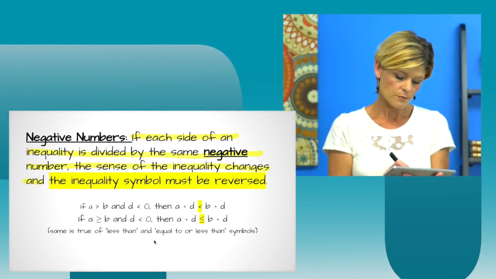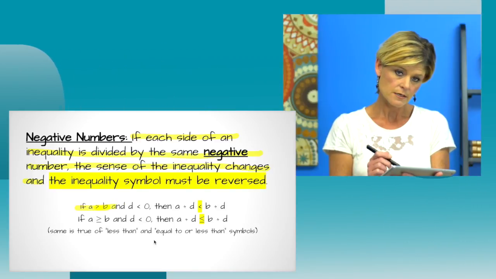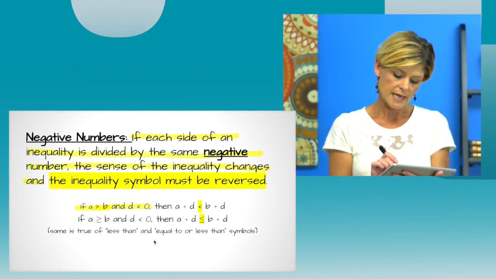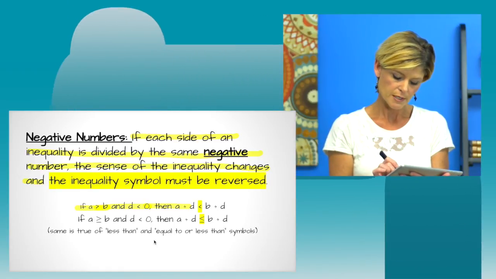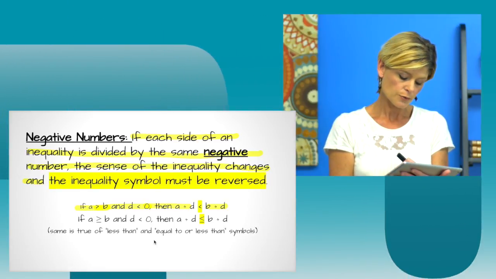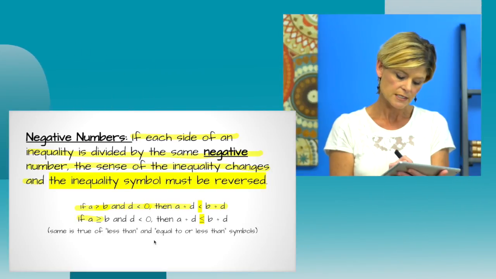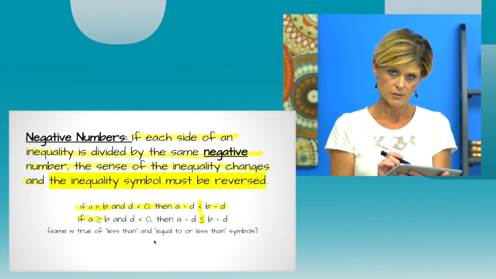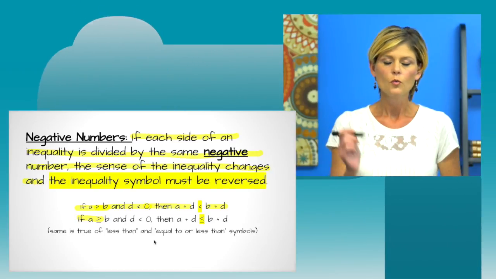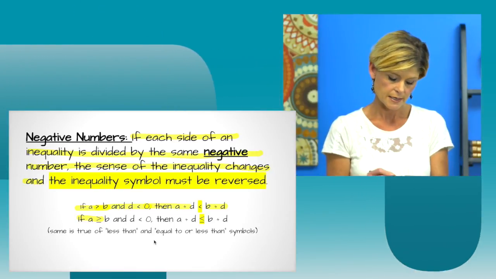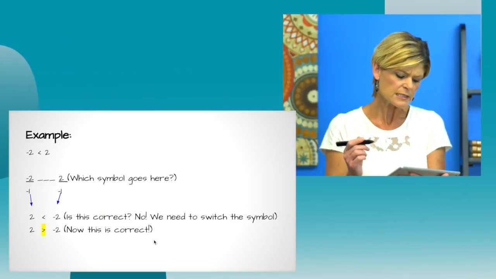So if A is greater than B and D is less than 0, again, a negative number, then A divided by D will be less than, not greater than, B divided by D. Same thing is true for greater than or equal to. That would need to become less than or equal to. So we're always going to move the arrow pointing in the opposite direction when we're multiplying or dividing by a negative number.